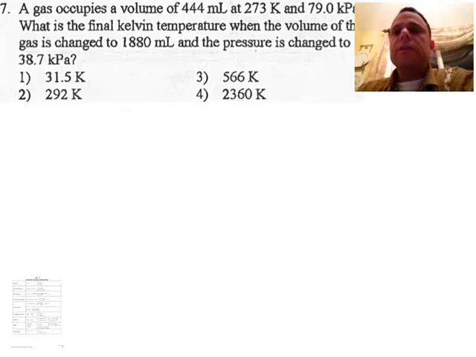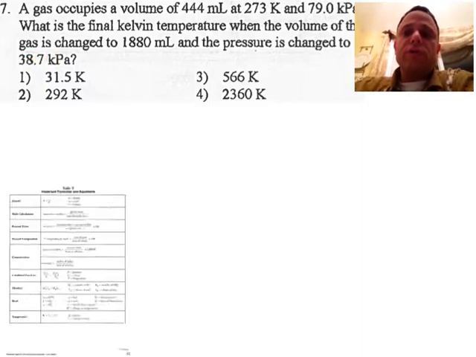Question 17. A gas occupies a volume of 444 milliliters at 273 Kelvin and 79.0 kilopascal. What is the final Kelvin temperature when the volume of the gas is changed to 1,880 milliliters and the pressure is changed to 38.7 kilopascal?